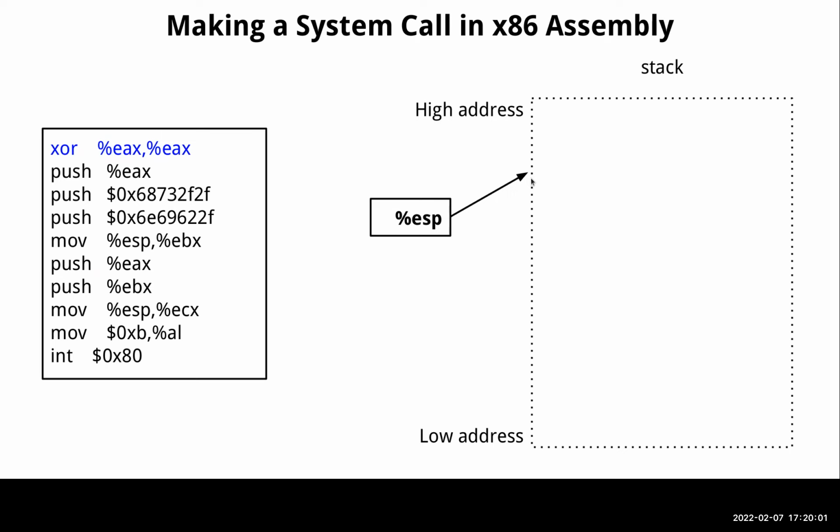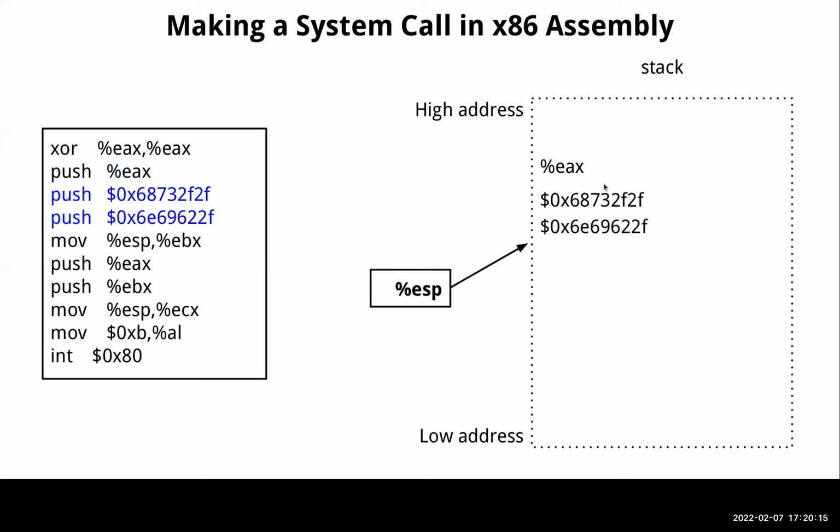The next instruction will do a push EAX. It actually pushes the value of EAX, which is 0. So after this instruction, the value here will be 0. After that, we will push those two crazy numbers, 6873 2F2F. Okay, it's a little bit weird what those are.